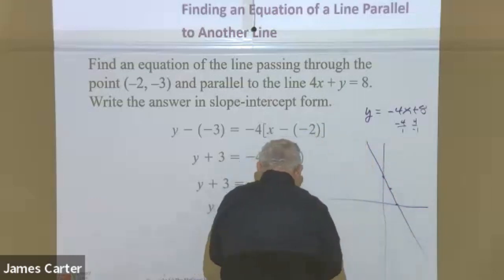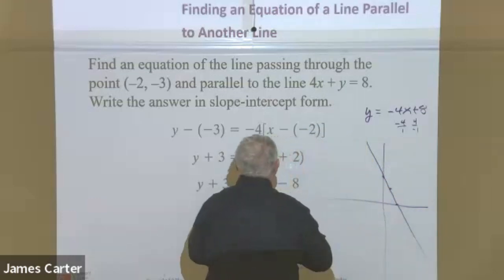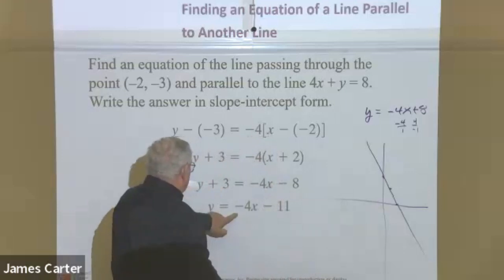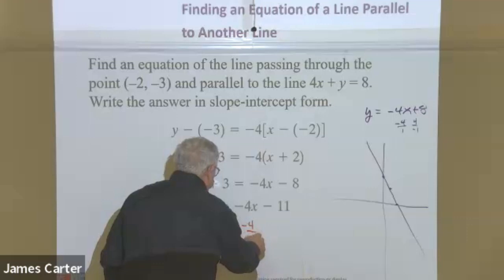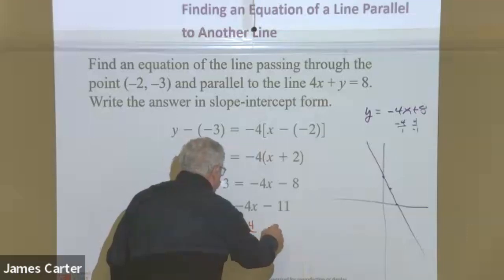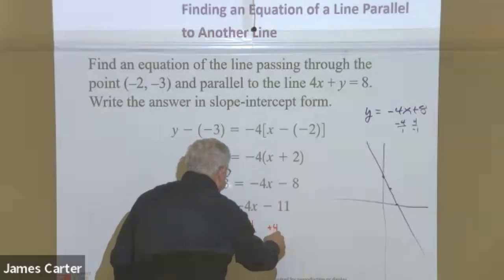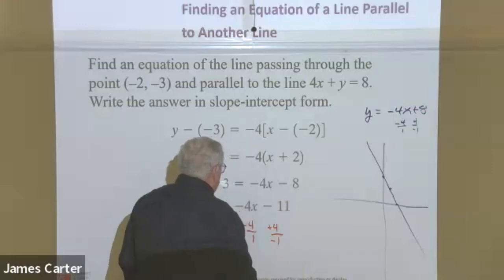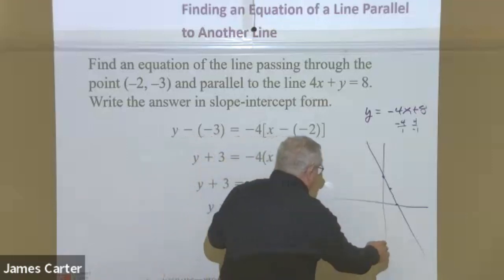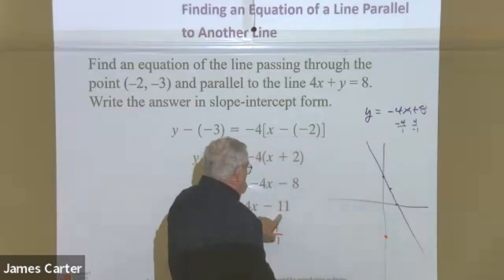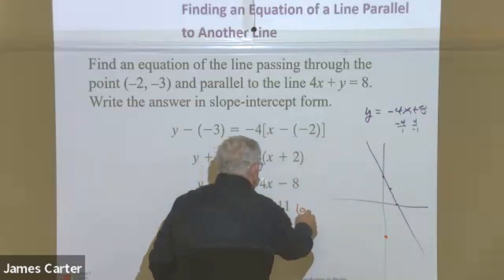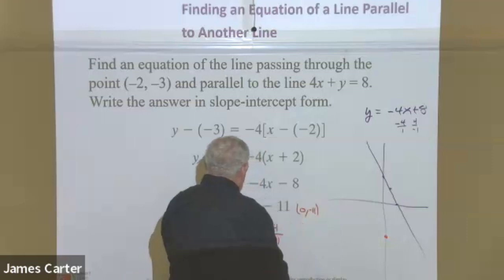Okay? Now, for the other line, this one. For my slope, I can have negative 4 over 1, or I can have positive 4 over negative 1. This one starts at negative 11 down here. Okay? The point 0, negative 11.